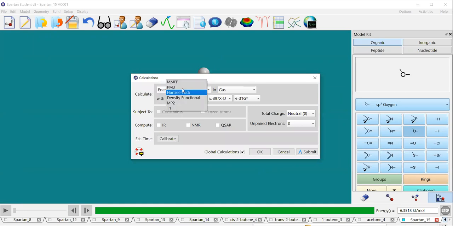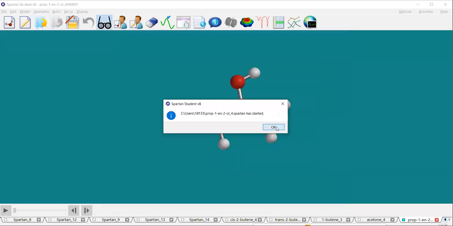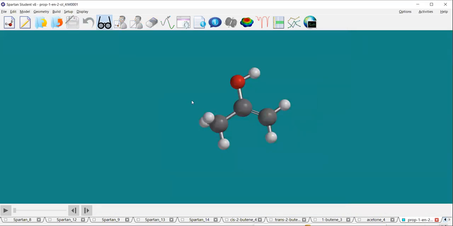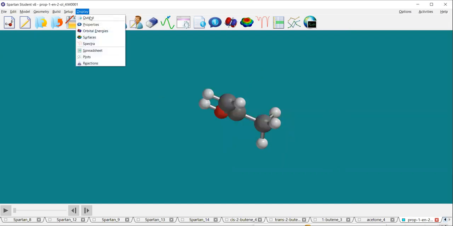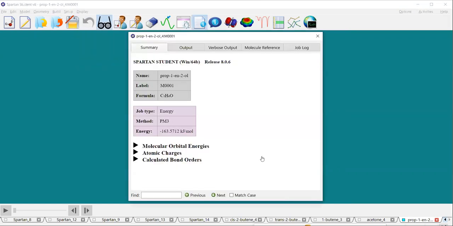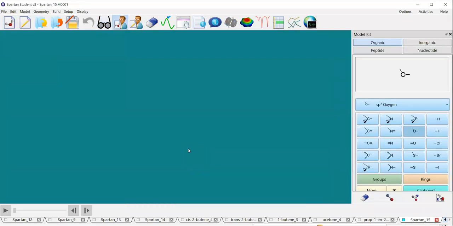Same things. It is negative 163.5712. So you can compare these two. And now this is the part C.